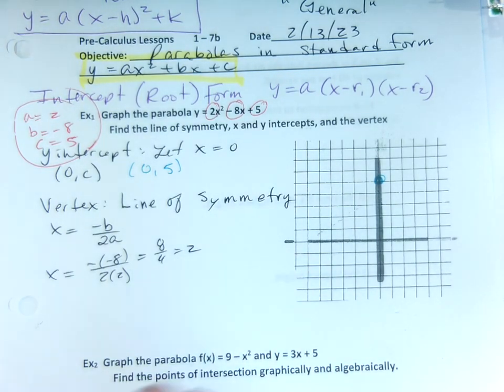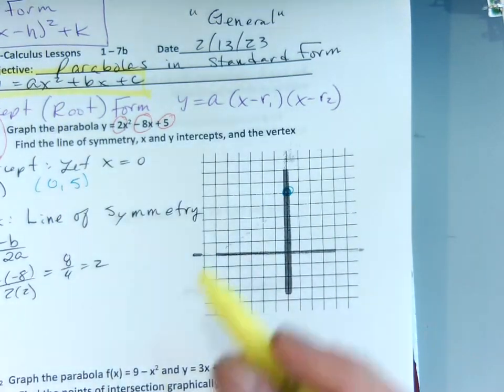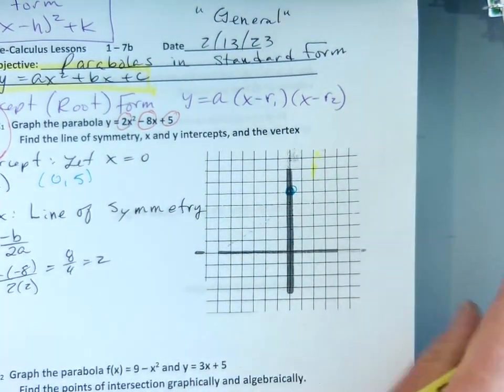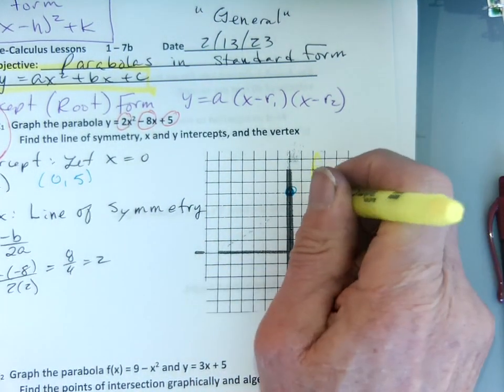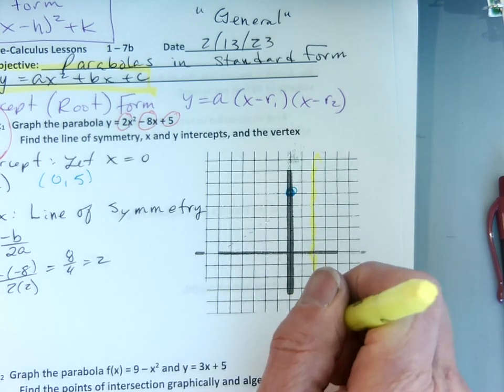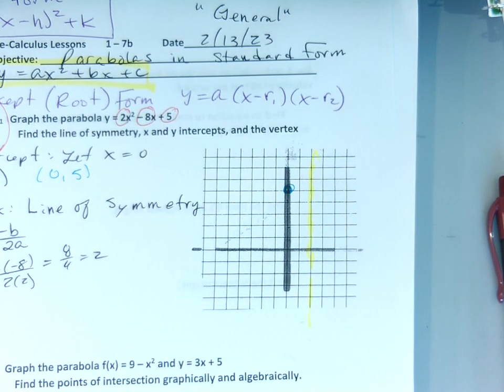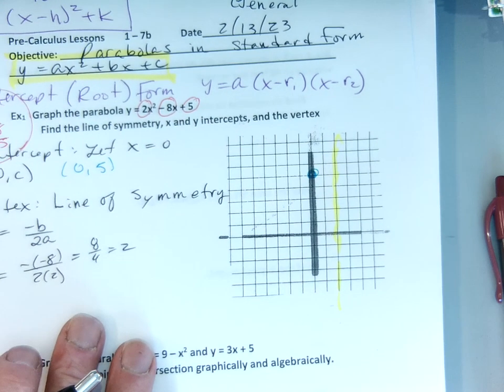I like to draw it in. We have a line of symmetry at x equals 2. Somewhere along this line is the vertex. To find the y value, we just plug it in.